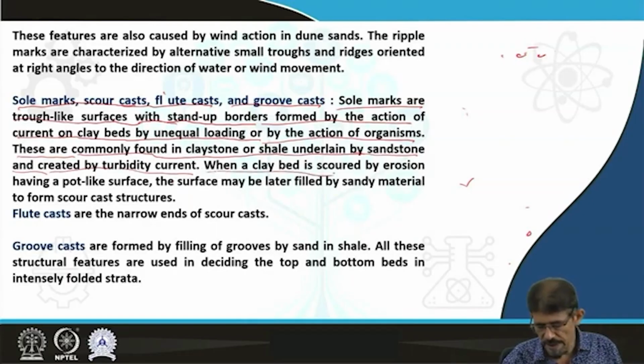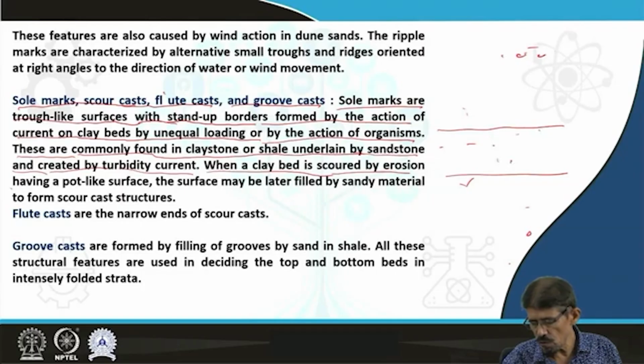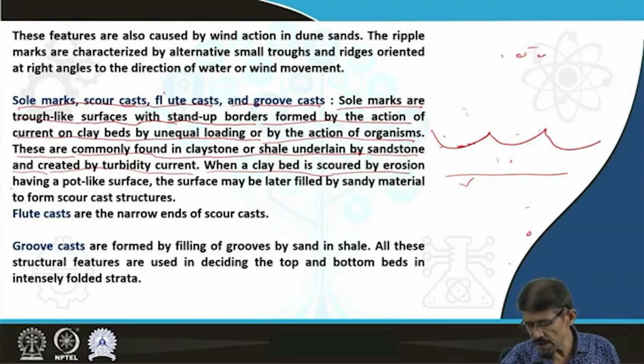When a clay bed is scoured by erosion due to movement of the wave, suppose here already deposited loose material, when the current scours this material, the depressions are grouped.